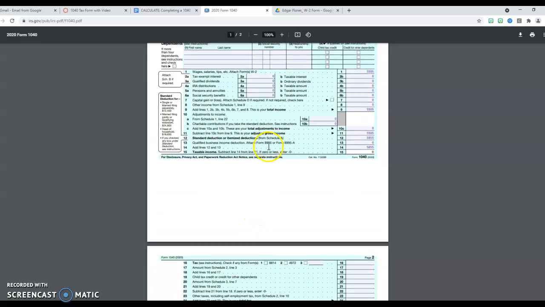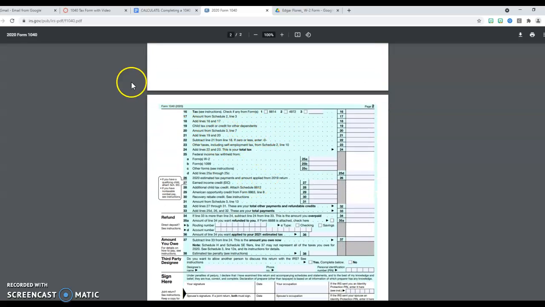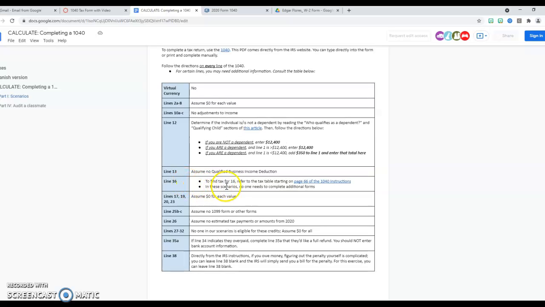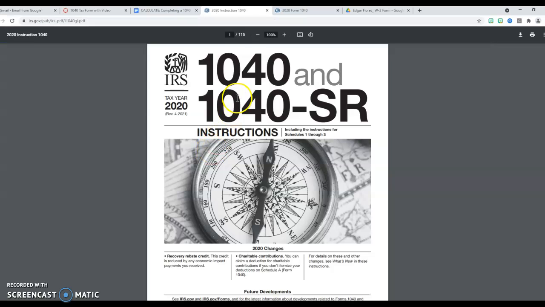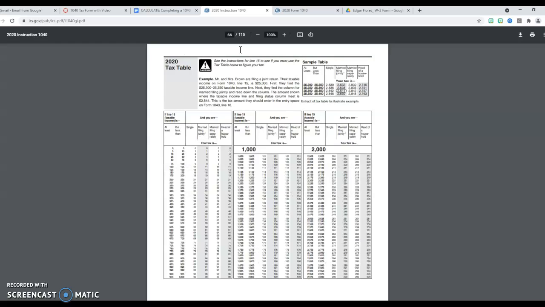Here we dealt with our wages. Now we're going to deal more with our taxes. Okay, line 16. I'm going to go to my instruction and it says, to find tax for 16, refer to this tax table. So I'm going to double click on my link, and we're going to go to page 66. If you type it in up there, it'll take you there.